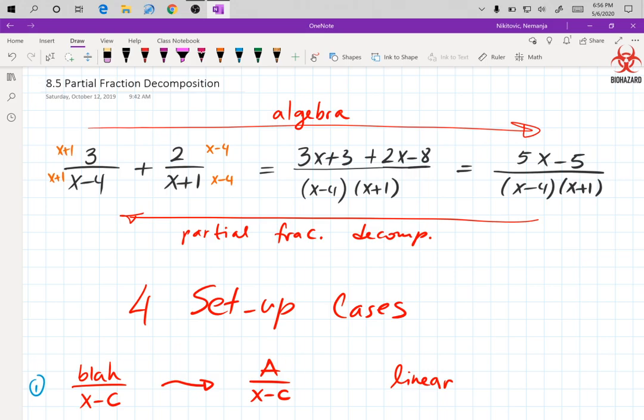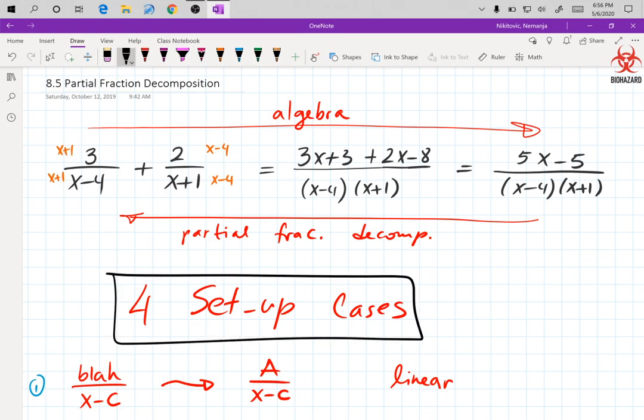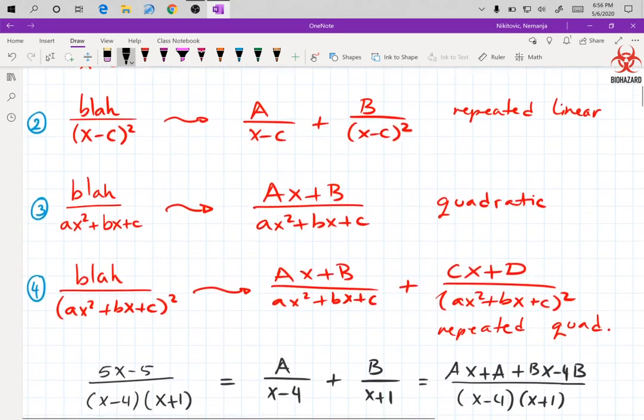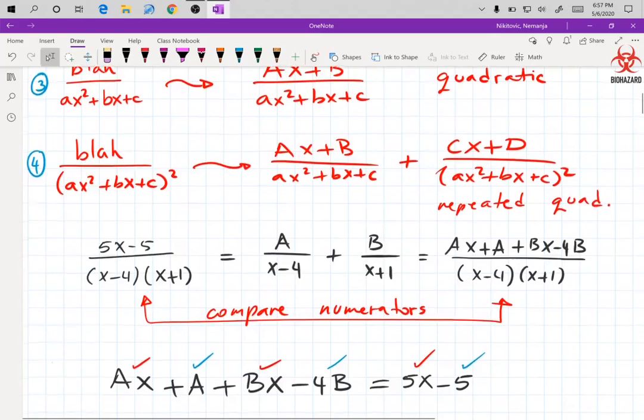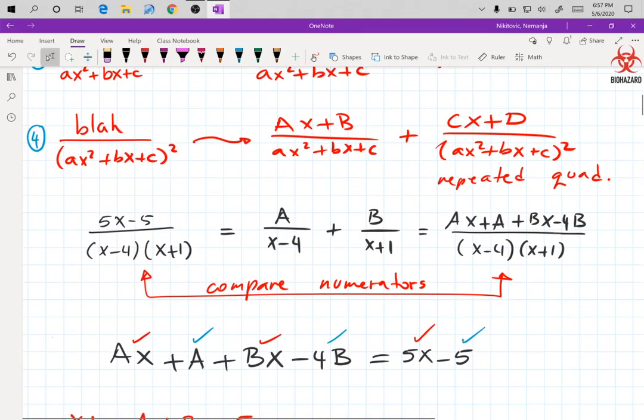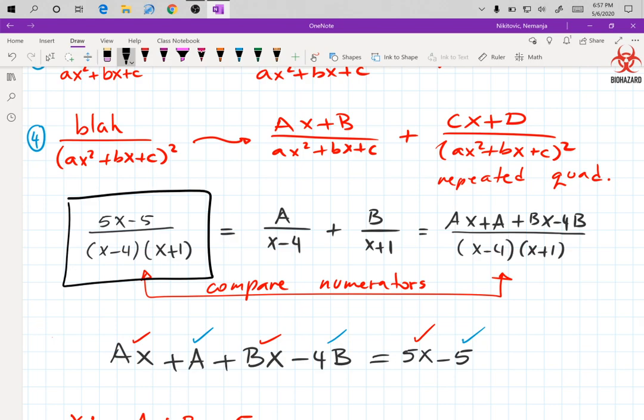So we are learning these 4 setup cases, and this is stuff that you will be memorizing if you go to Calc 2 differential equations. And here is the problem. You get this, and you are supposed to decompose that into a couple of these.